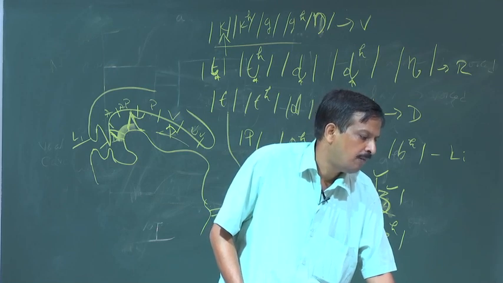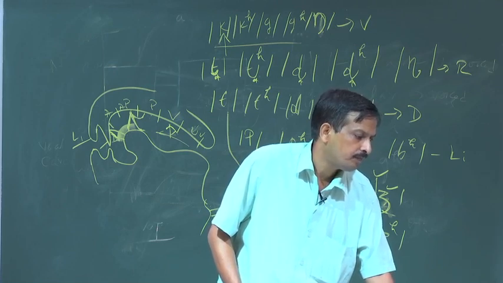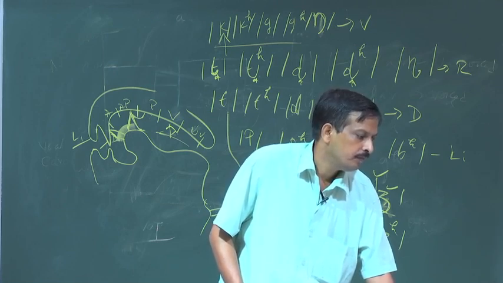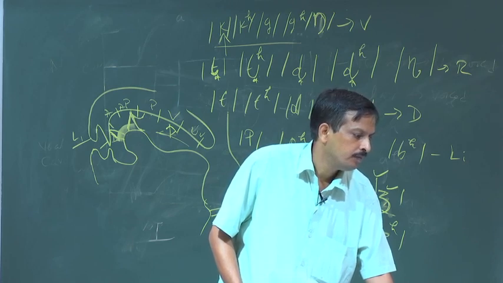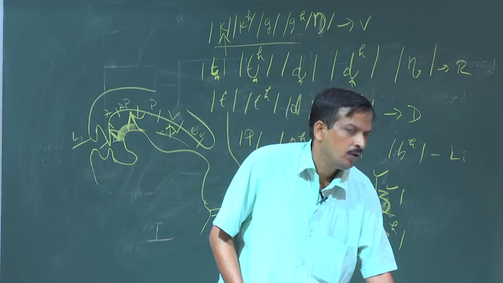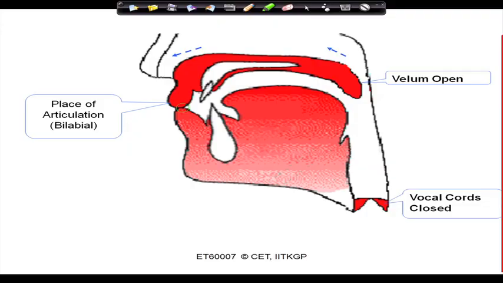Now, I will show you some pictures. Okay. If somebody gives me this picture and asks which sound this probably is, I can say this is nothing but a voiced bilabial stop.